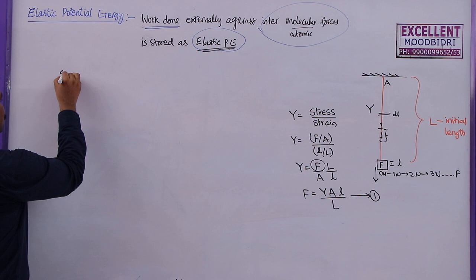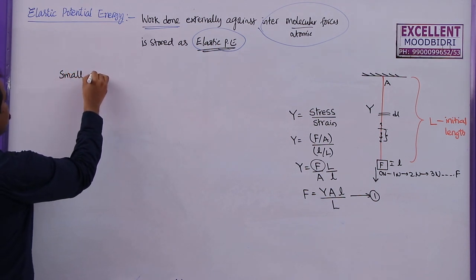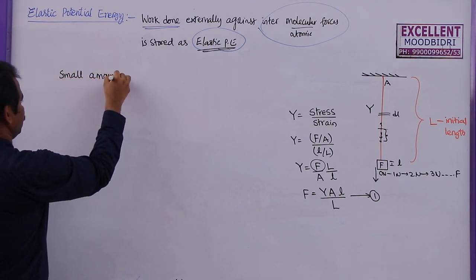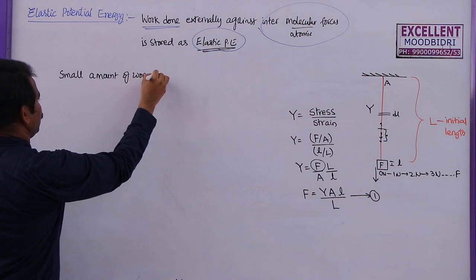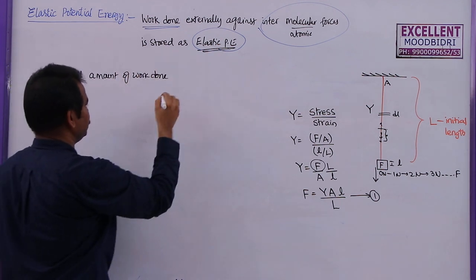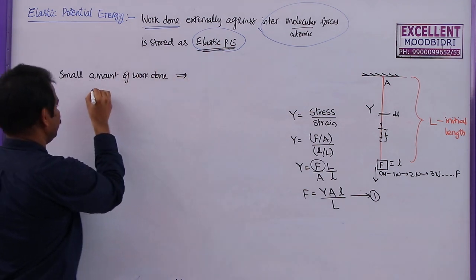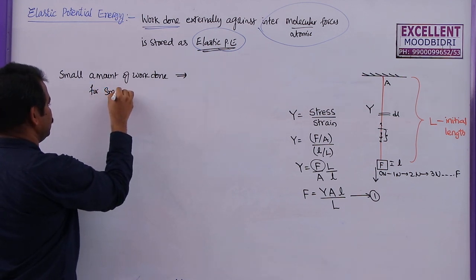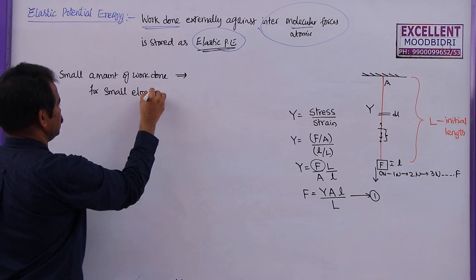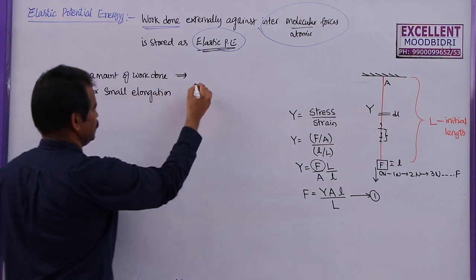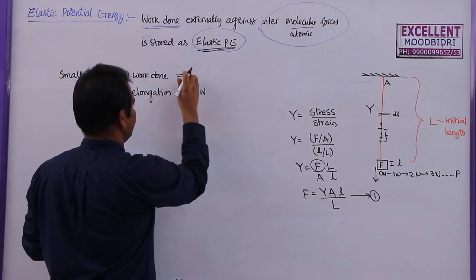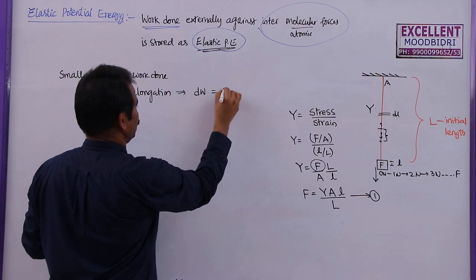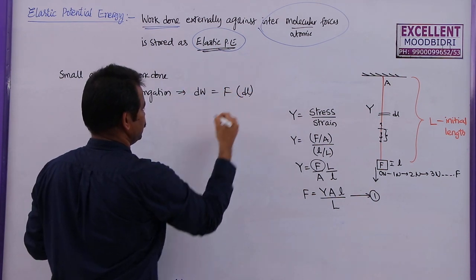So what is the small amount of work done for a small elongation? This is given by dW equals force into displacement.